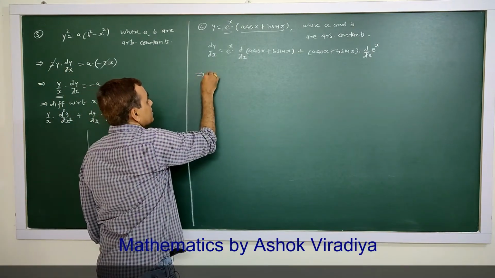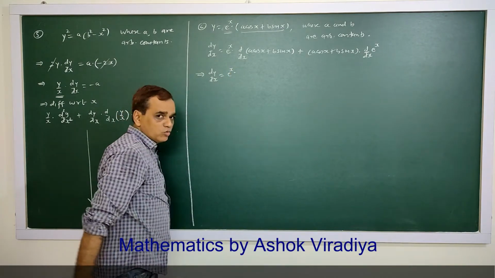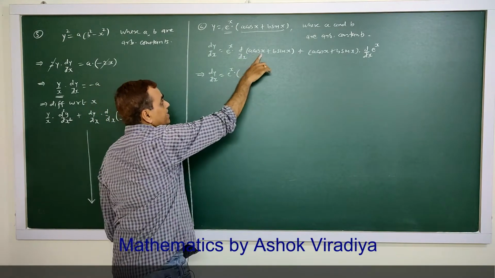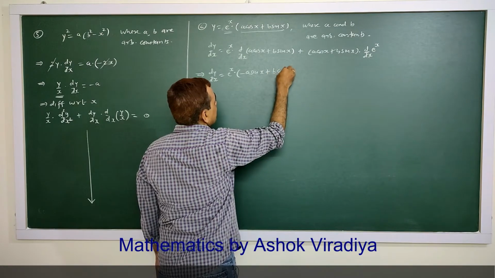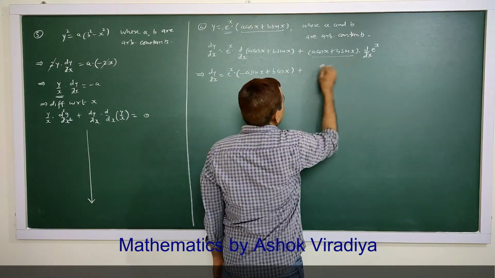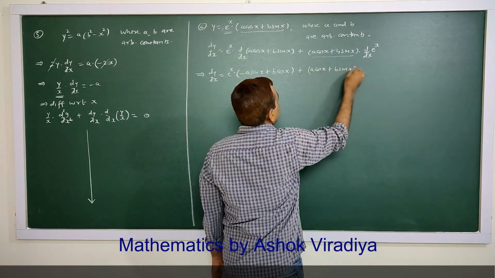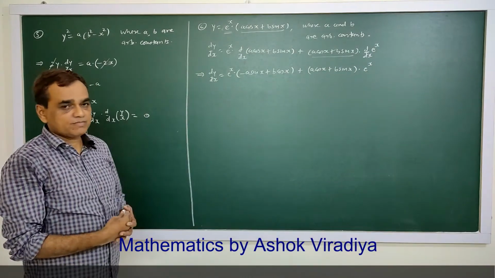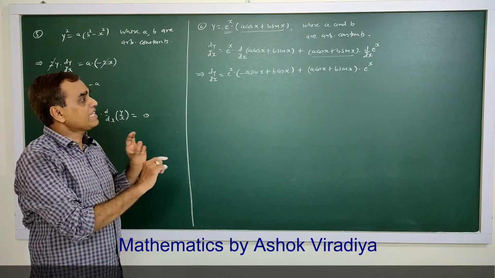So that is dy by dx is e raised to x into, now here derivative is minus a sin x plus b cos x plus this as it is, a cos x plus b sin x into derivative of e raised to x is e raised to x. First derivative is taken and term becomes lengthy.